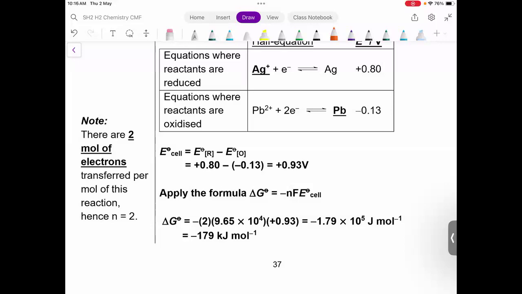When do we consider this case? Because both of them offer a positive E. In this case, remember I said that they must appear on opposite sides. But now both of the reactants appear on the same side, the left side, so they can only undergo reduction.